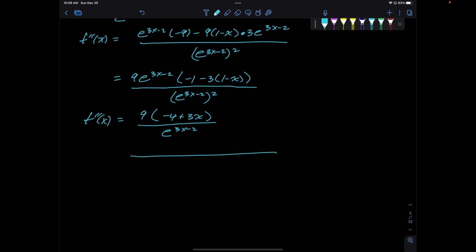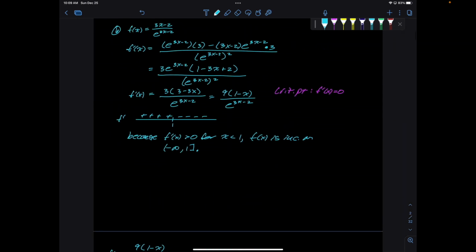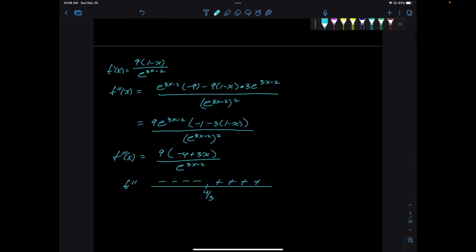Because in this one, we're looking for concave something. The only place this is 0 is at 4/3. Okay, so then if I plug in negative a billion, I get a negative. If I plug in positive a billion, I get a positive. So we were looking for concave down.